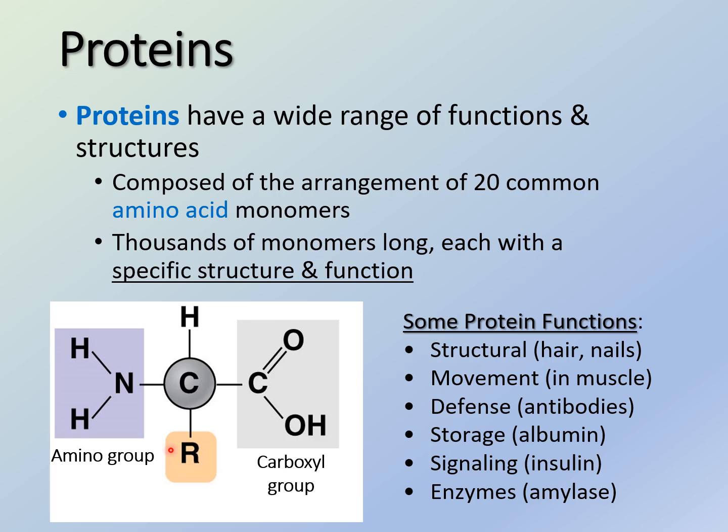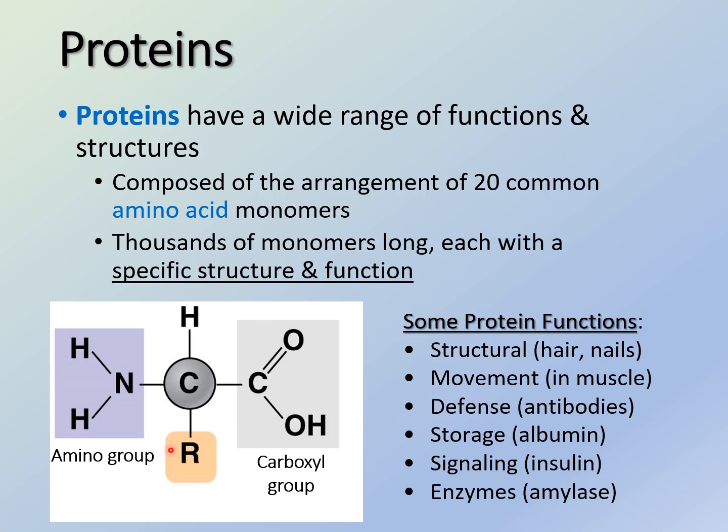Okay. So what are some functions of proteins, right? We have so many proteins in the body and they have such a wide range of function. So we have structural proteins, such as in our hair and our nails. We have proteins in our muscles that allow for movement, right?